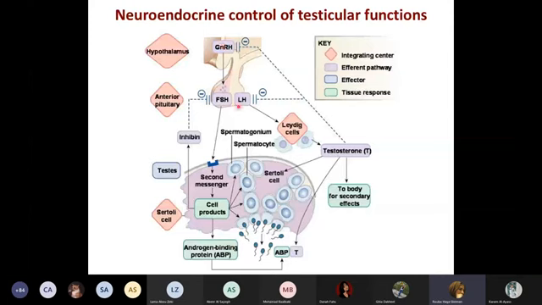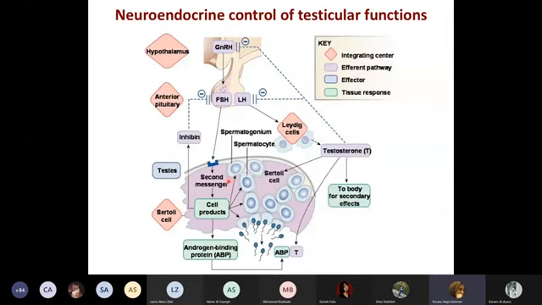Therefore, the important thing is that these two systems, the hypophyseal axis, will be communicating with the reproductive system, because this FSH will act on the testes. Particularly, they will act on the Sertoli cells, and they will regulate the secretions of the Sertoli cells, in addition to testosterone that is also acting on these Sertoli cells.